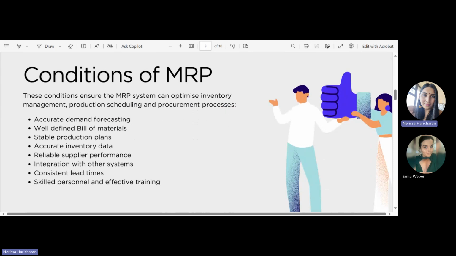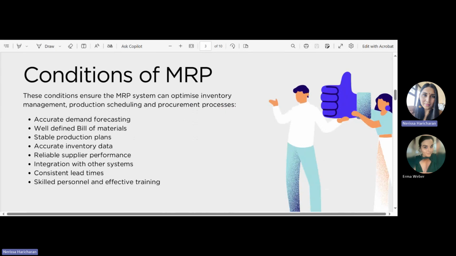One of them is accurate demand planning or demand forecasting. You need precise demand forecasting to determine what your production needs are going to be. If your demand is unpredictable, meaning you don't know what your demand is going to be, or it fluctuates significantly, the MRP system can definitely struggle to schedule your production efficiently.